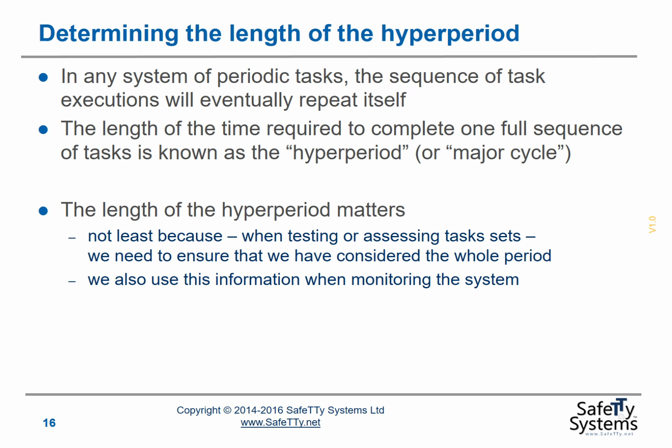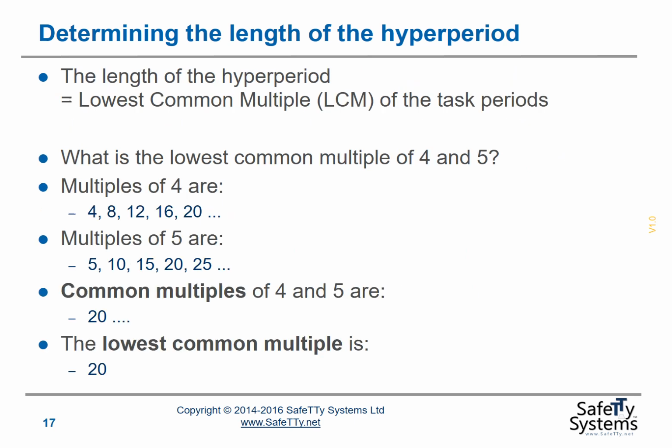Fortunately, this can also be calculated very easily. The length of the hyperperiod again takes us back to some basic school arithmetic. We use the lowest common multiple of the task periods to determine the hyperperiod. So what's the lowest common multiple of 4 and 5?